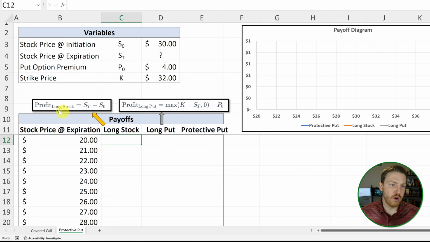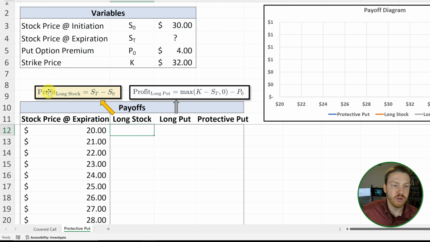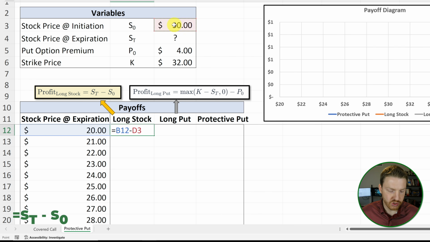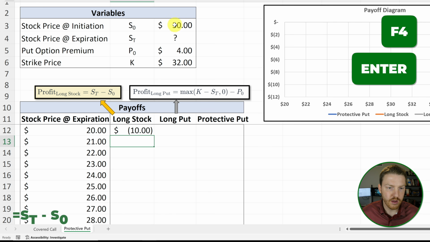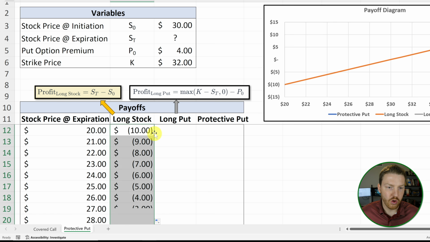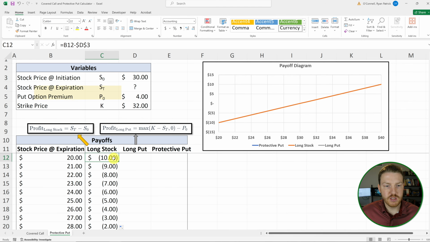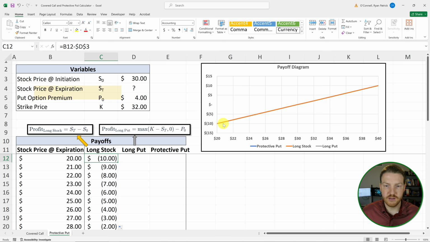So I've got right here the formula to calculate the profit if we buy one share of stock, and that's going to be equal to ST, which is the stock price at expiration, minus S0, which is that stock price at initiation. I'm going to hit F4 to lock that in, and then I'm just going to shoot the formula all the way down. And we'll see that it's a direct linear profit and loss payoff.